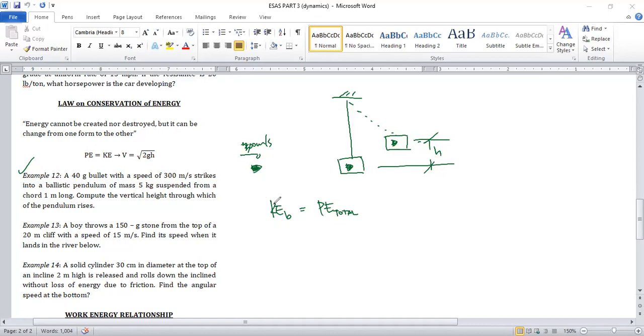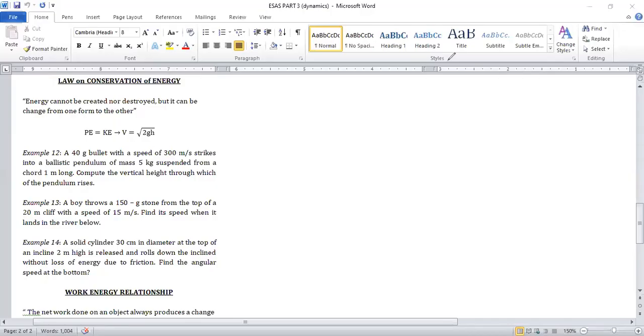Okay, we'll just have to redraw the schematic for number 12.